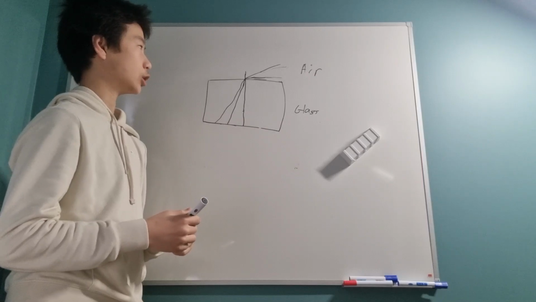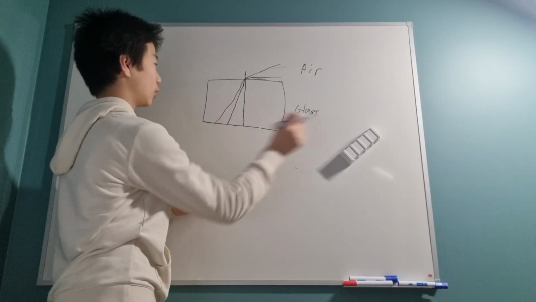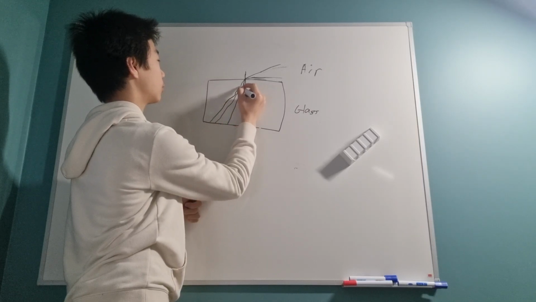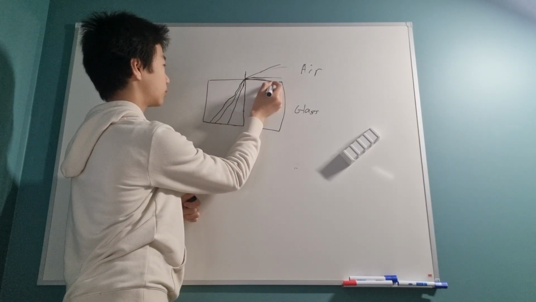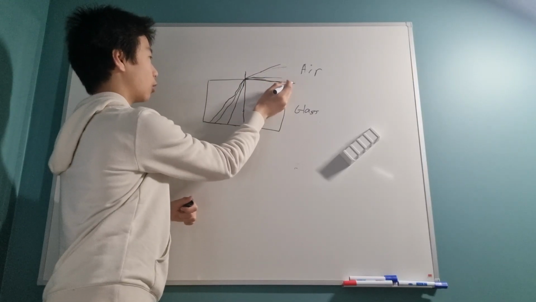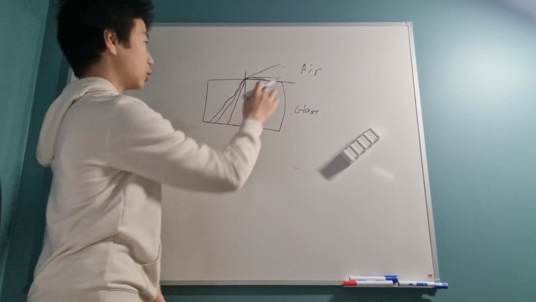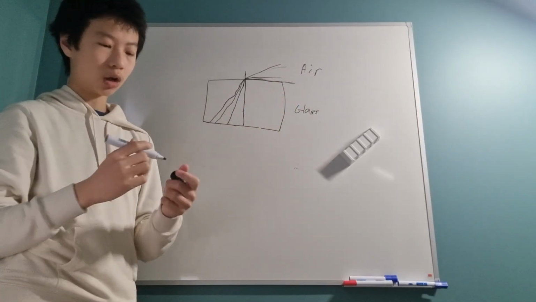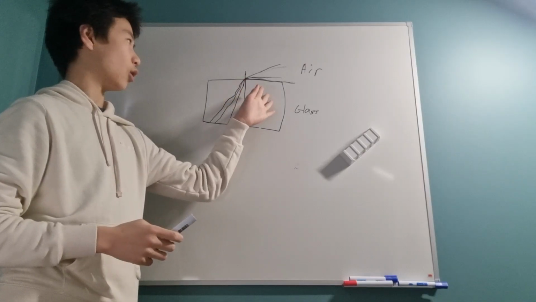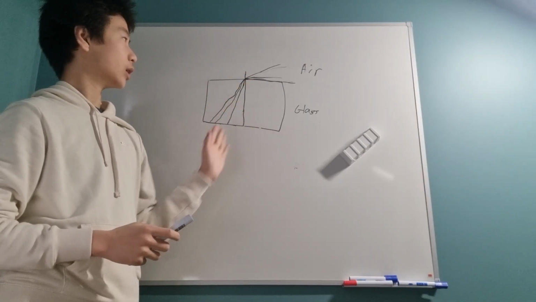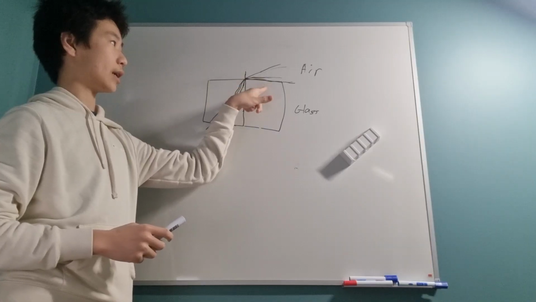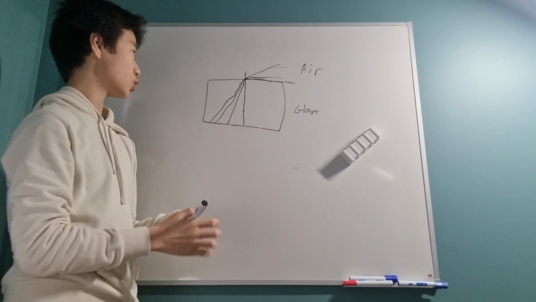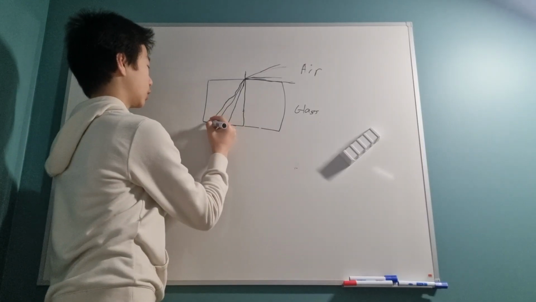The thing is that once we reach one angle, which is the critical angle, let's say it's over here, and draw it up here, you'll notice that the refracted ray will travel along the rectangular prism. So at that point, the light is exactly traveling along, and any further degree is going to cause total internal reflection.